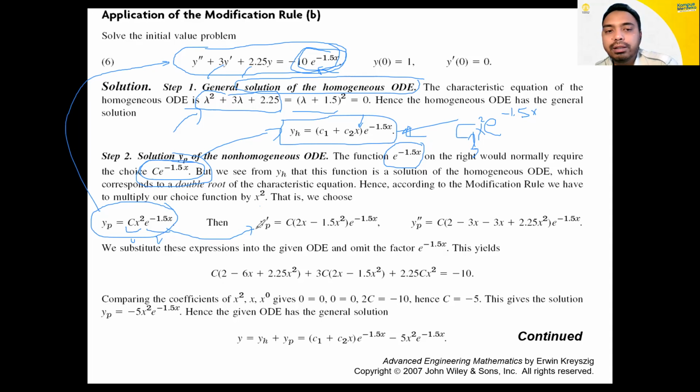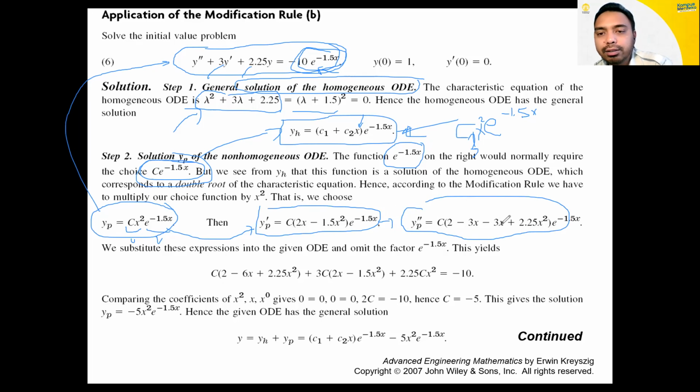And this will become this, the yp prime, and then you differentiate that again to get the second derivative term. This will become yp double prime: c times 2 minus 3x minus 3x plus 2.25 x squared times e to the power of minus 1.5x.